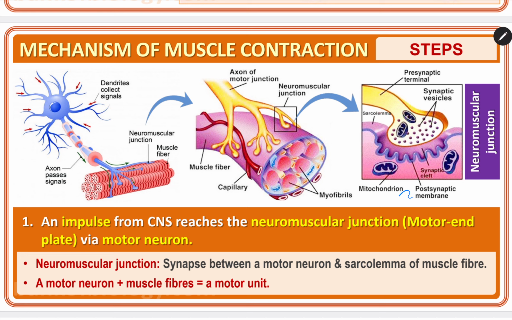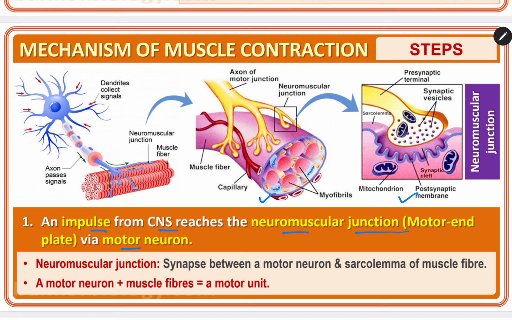You are familiar with these two diagrams. It is the mechanism at the neuromuscular junction. So first of all, what happened? An impulse from the CNS reaches the neuromuscular junction, the motor end plate, via a motor neuron.